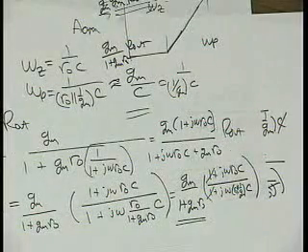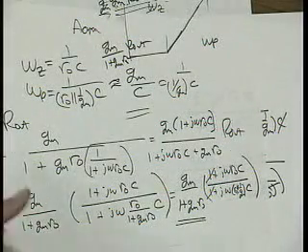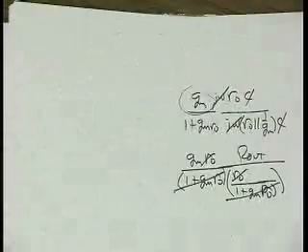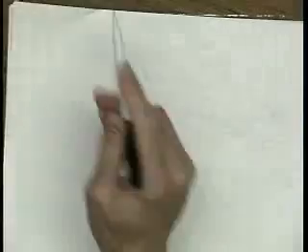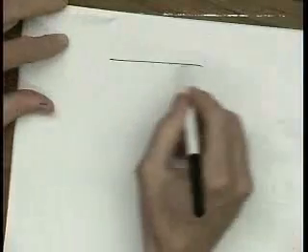So just a little word to the wise here. When you start doing your differential pair circuits, you're going to begin to see this problem. Now, let's take another case. Let's take another circuit that we know and love. Let me take this one.